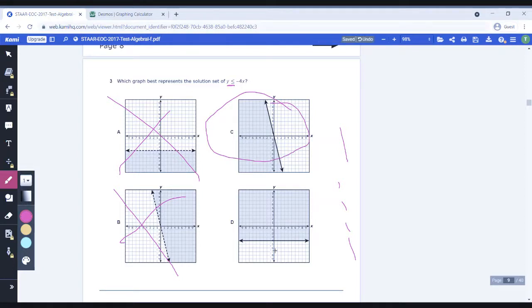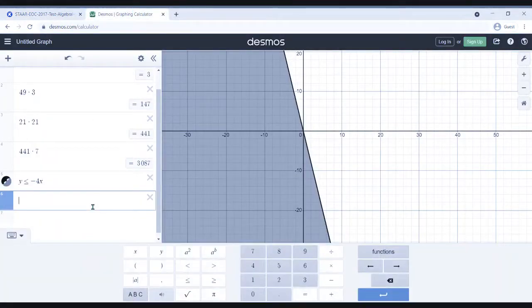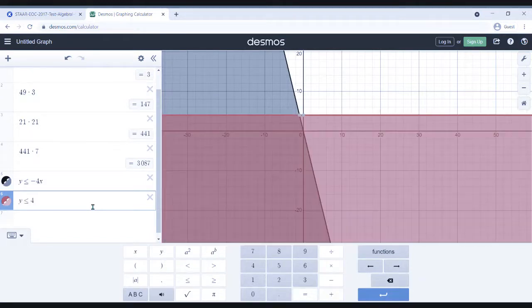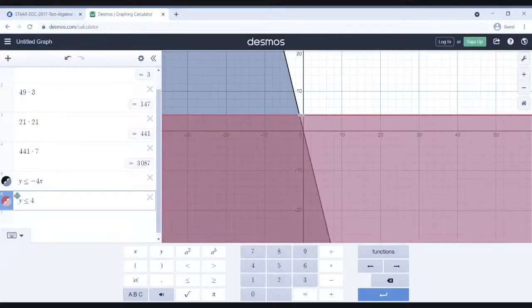This other one is a solution set for, I think, y is greater than or equal to 4. Oh, negative 4, my bad.